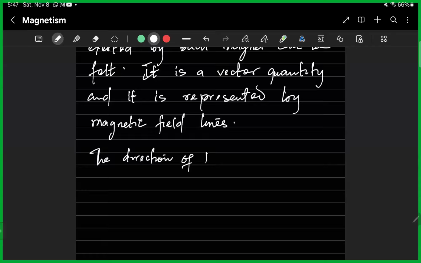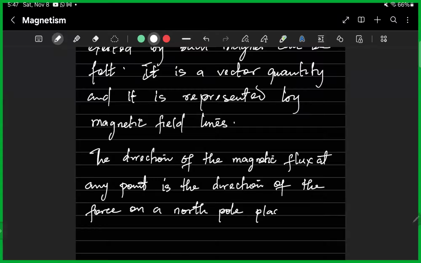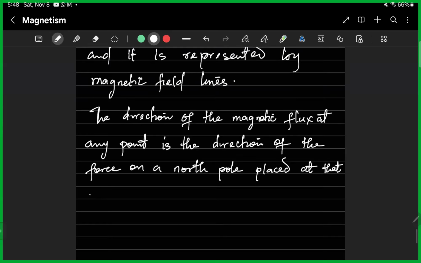The direction of the magnetic flux at any point is the direction of the force on a north pole placed at that point.